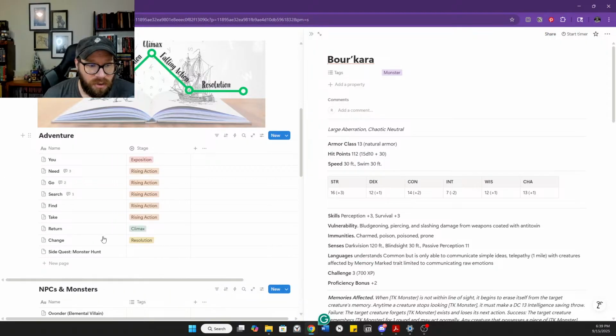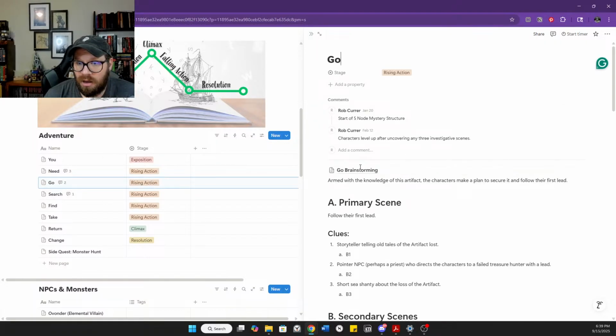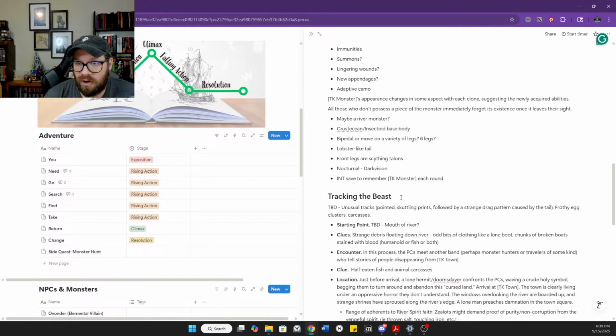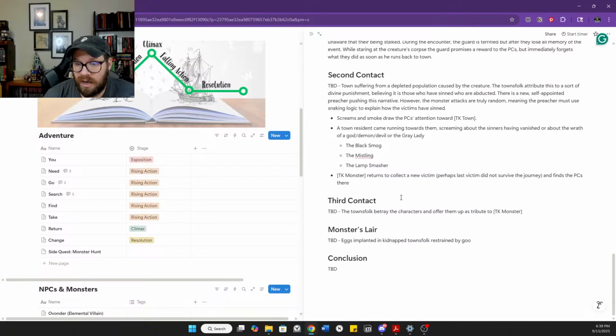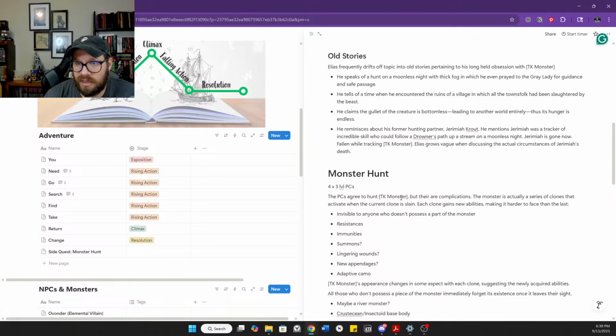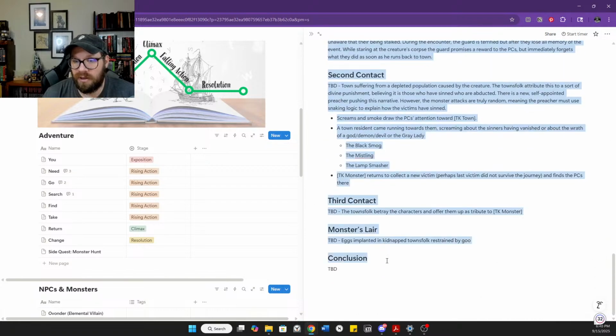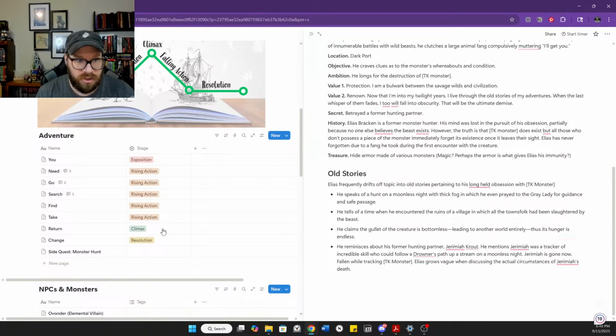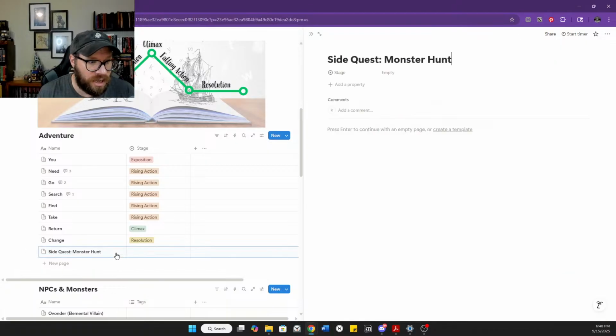So we should jump over to our document where we've been building out this side quest and start rocking and rolling with this. I think at this point, we can probably move all of this over to our side quest tab.